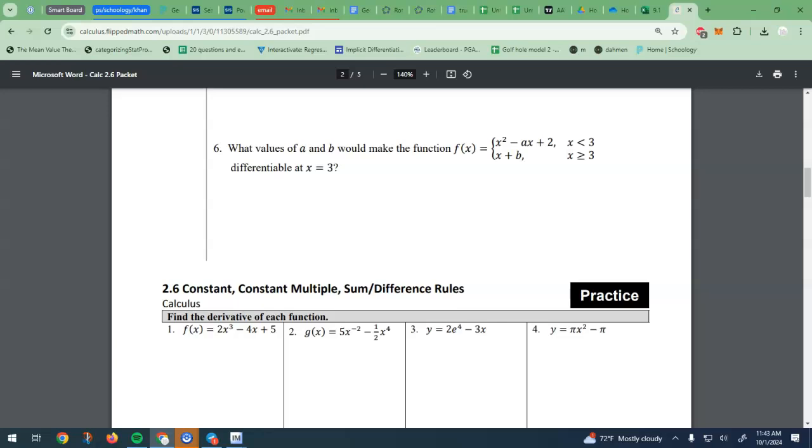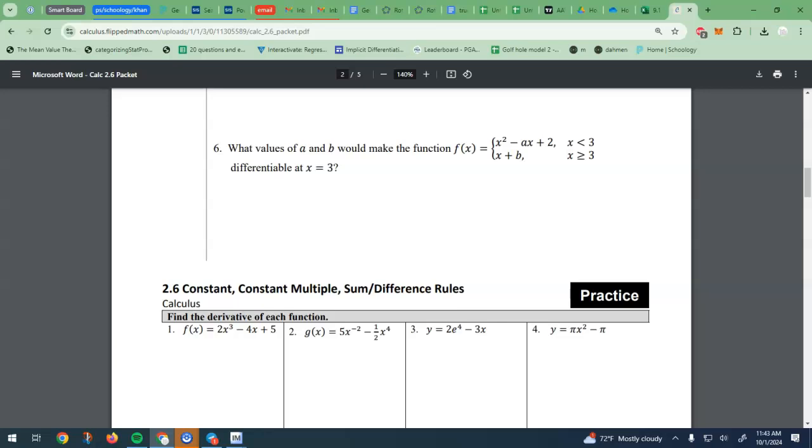Is that equal to the derivative of the other part? 6 minus a equals 1 plus b, which would be the same as 5 minus a equals b.